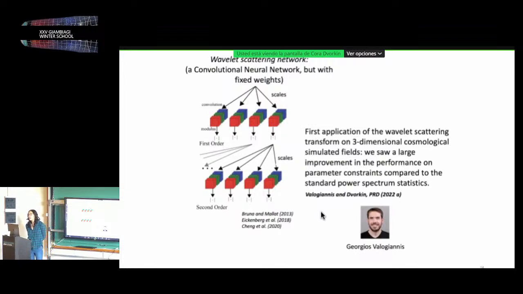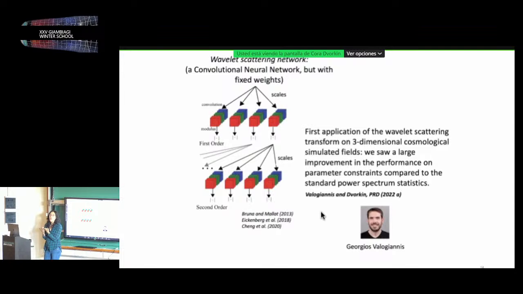And what we saw is that it performs much better than the standard power spectrum statistics for cosmological parameter constraints, okay? So first, before jumping into the data, you work it out analytically, then you test it in simulations and see how well your technique compares to the traditional method. This technique extracted more, and we compared it in terms of the constraints, the error ellipses on cosmological parameters.